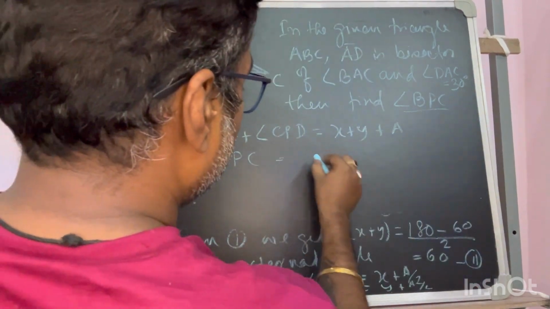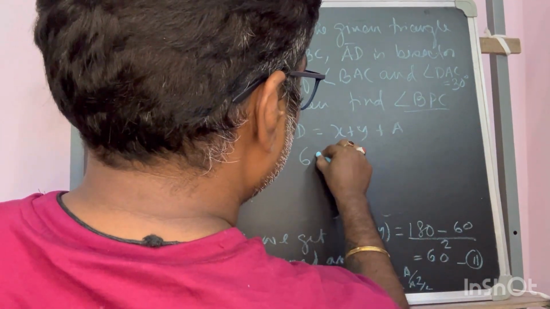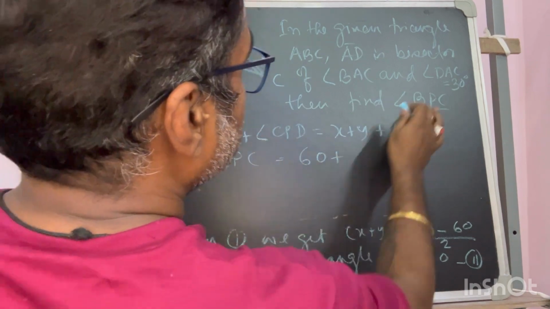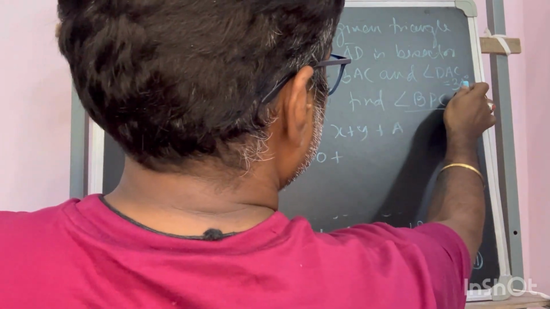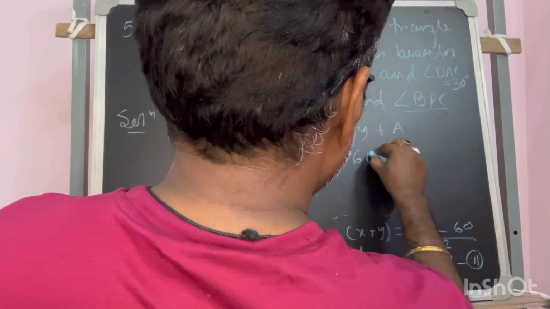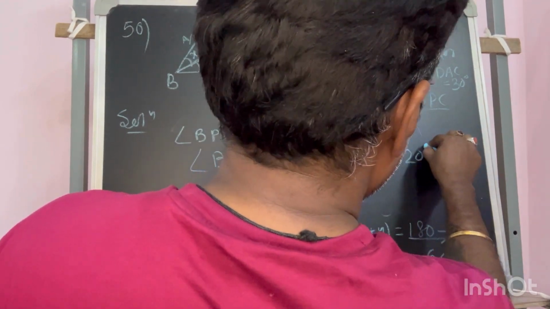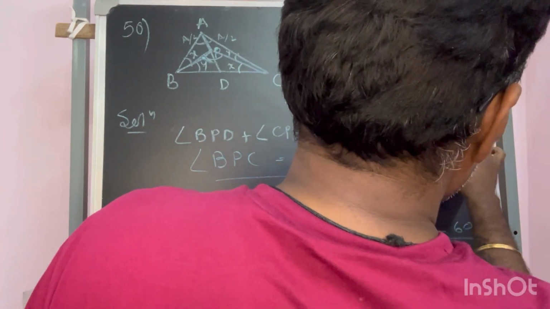Now X plus Y is equal to 60, plus A, which is 60 already, so 60 plus 60 is equal to 120 degrees. So this is your answer.